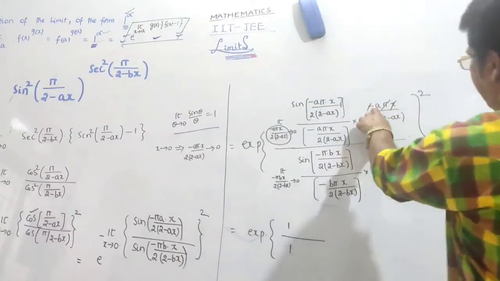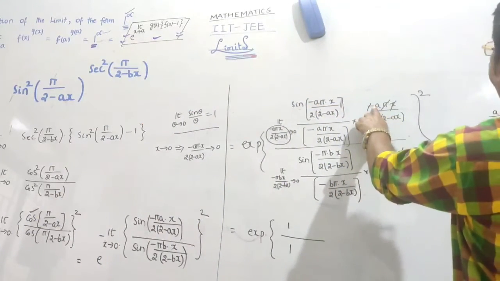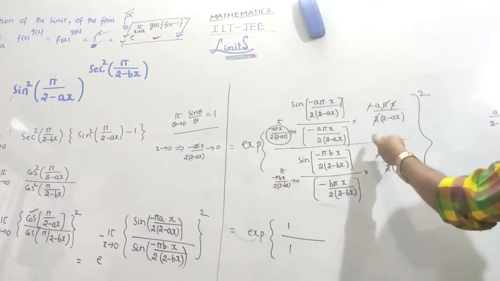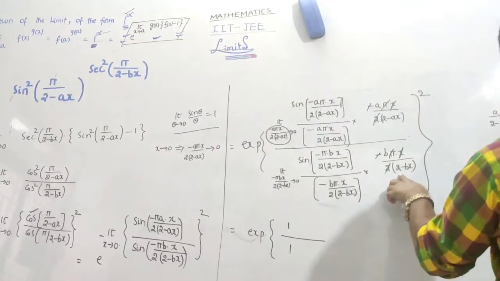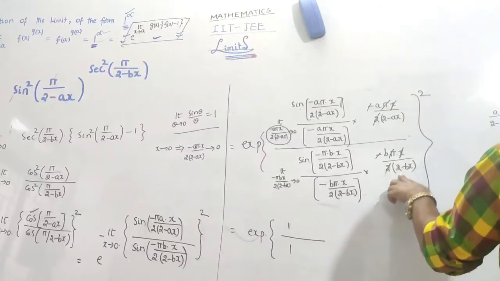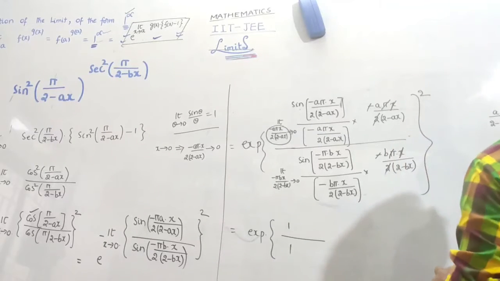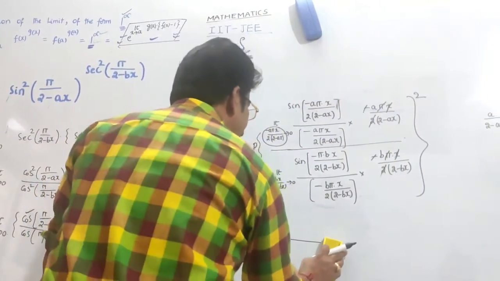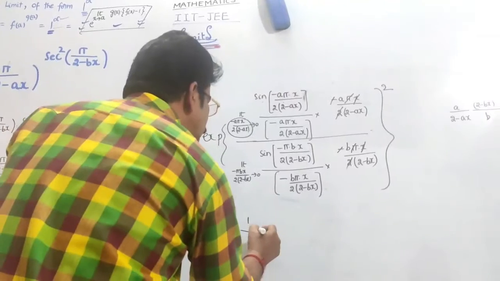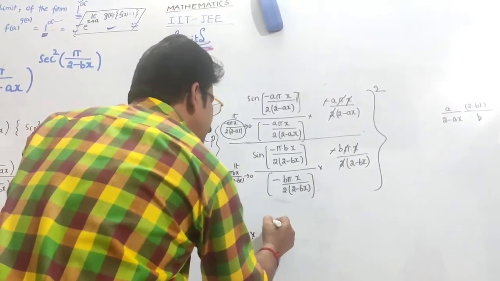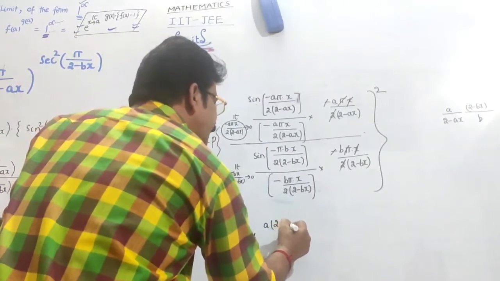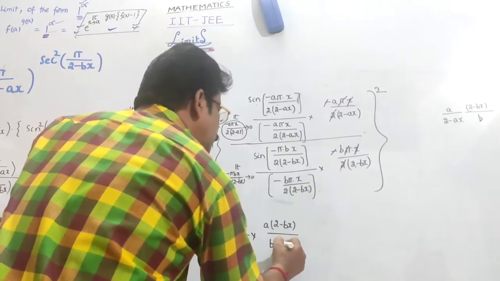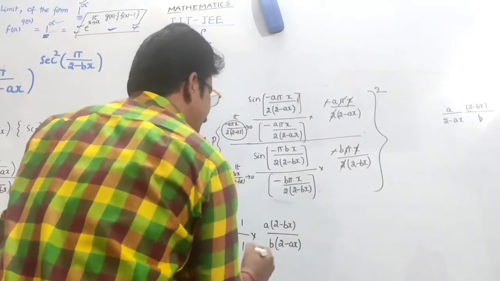Then it is a rough work: a divided by 2 minus ax, divided by 2 minus bx divided by b, just like that. So therefore it is a into 2 minus bx divided by b into 2 minus ax.